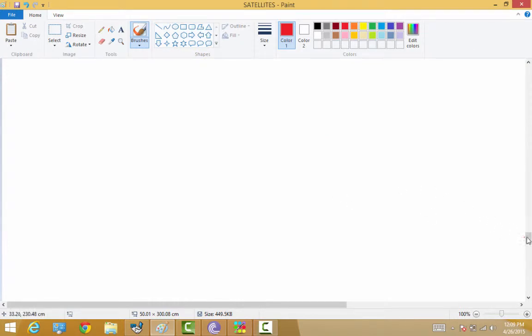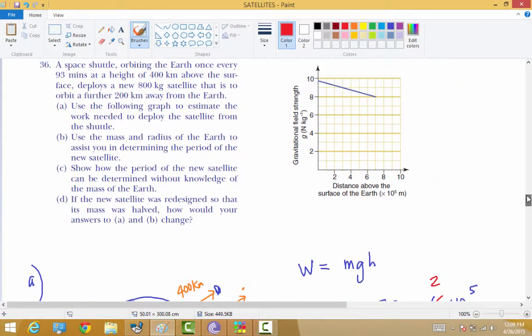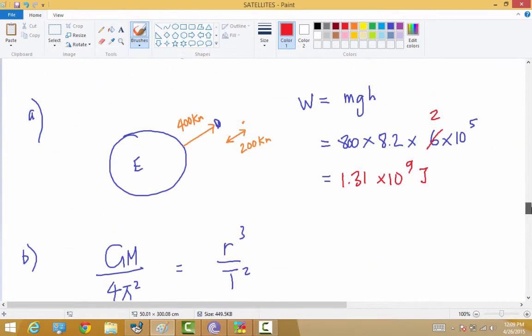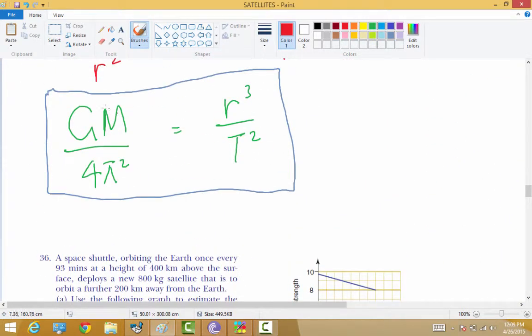So here we don't want to use the mass of the Earth. We're using the same formula, but we can't use this side of it.